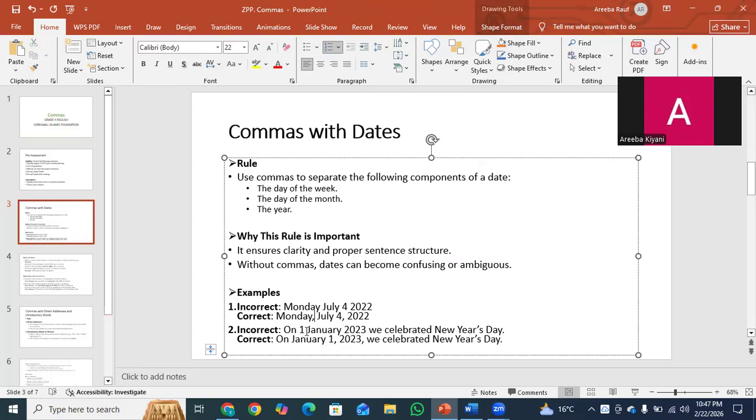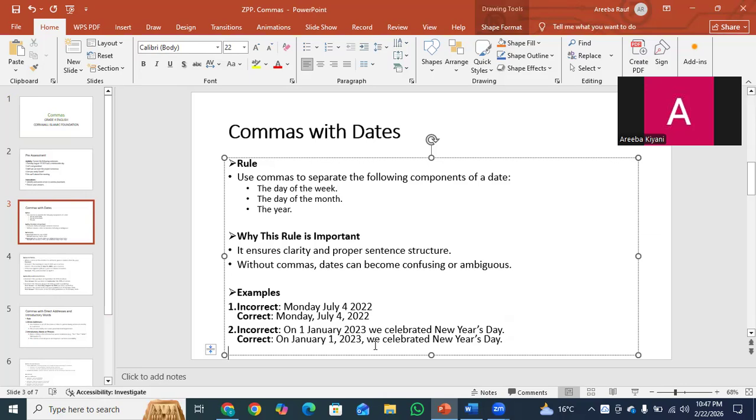And the next one is: On 1st January 2023 we celebrated New Year's Day. The correct version of this is: On January 1, 2023, we celebrated New Year's Day. One thing that you notice is that I didn't put a comma after 2022 and I put a comma after 2023.